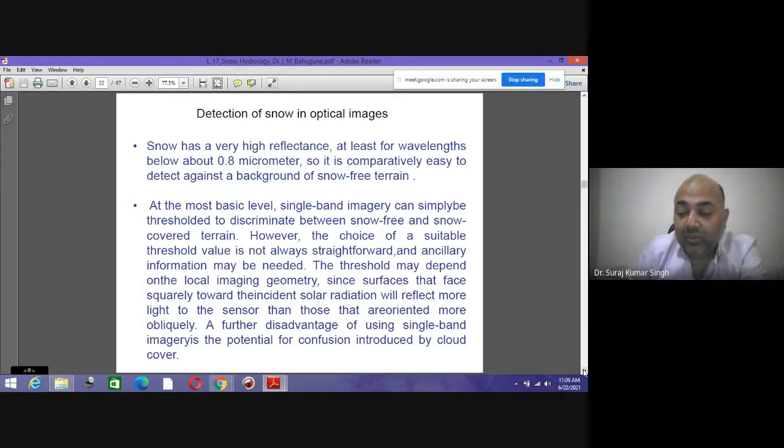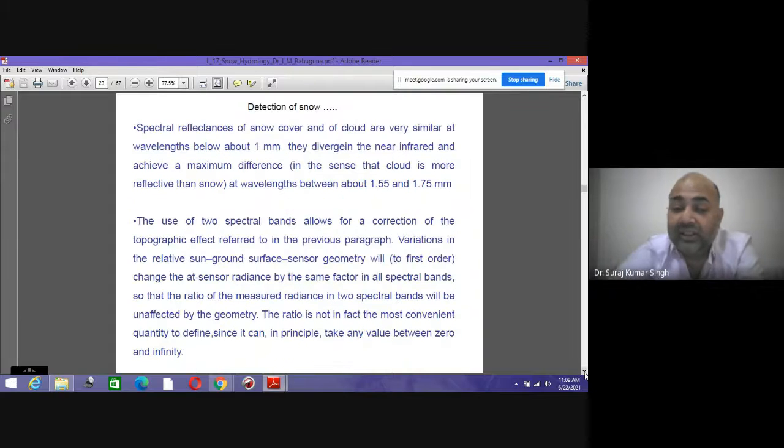The most common error that you will see is that many times you will get confused between snow, cloud, and glaciers. Spectral reflectance of snow cover and of cloud are very similar at wavelengths below 1 micrometer. They diverge in the near infrared to achieve a maximum difference at a wavelength between 1.55 and 1.75 micrometers.